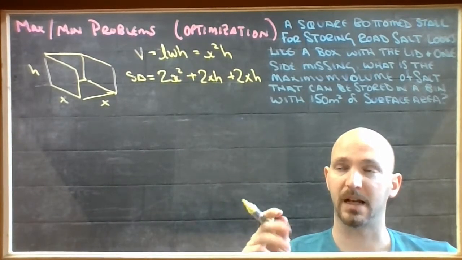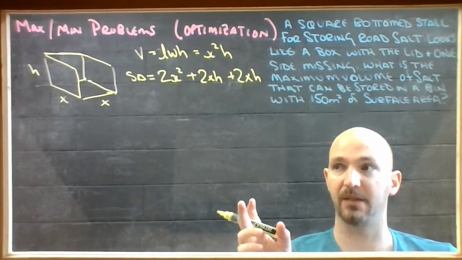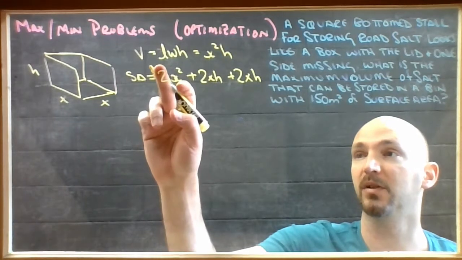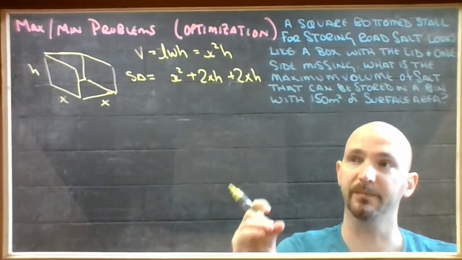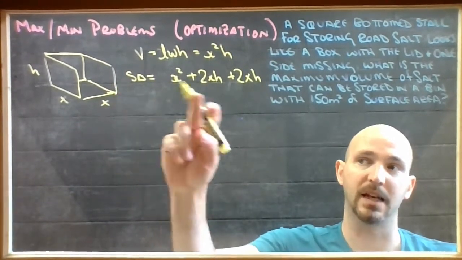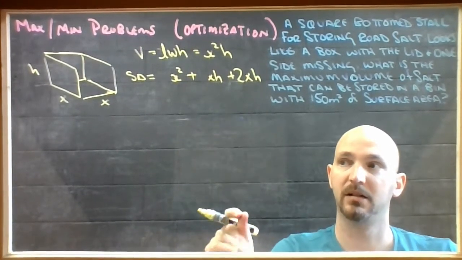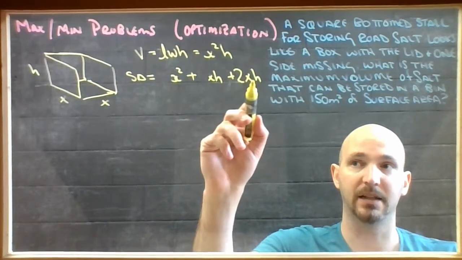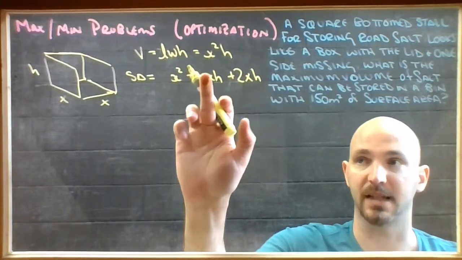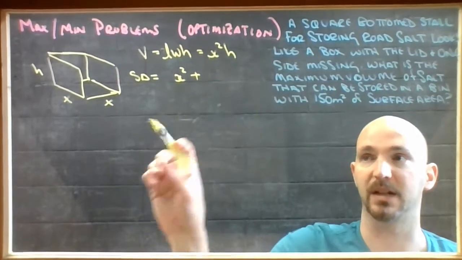Now in this particular box, I've taken off the top, so I'm going to lose one of these. It's only one. I'm going to lose the front edge. So instead of a front and the back, I have just a back. That leaves me with the back and the left and the right sides that are the same, so I can add them together as 3xh.